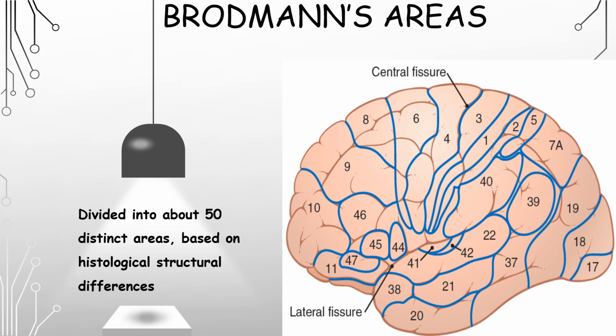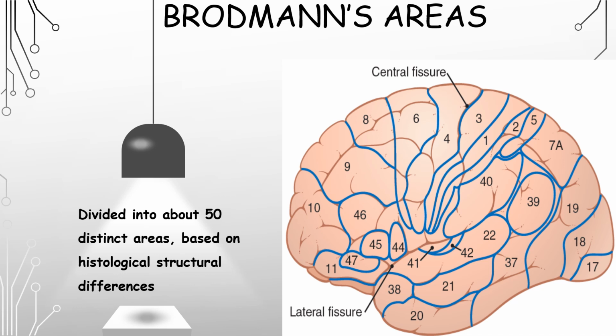This mapping of the cerebral cortex is very important for the neurophysiologist and the neurologist, as they still refer to the areas by quoting the numbers, for the different functional areas of the brain.